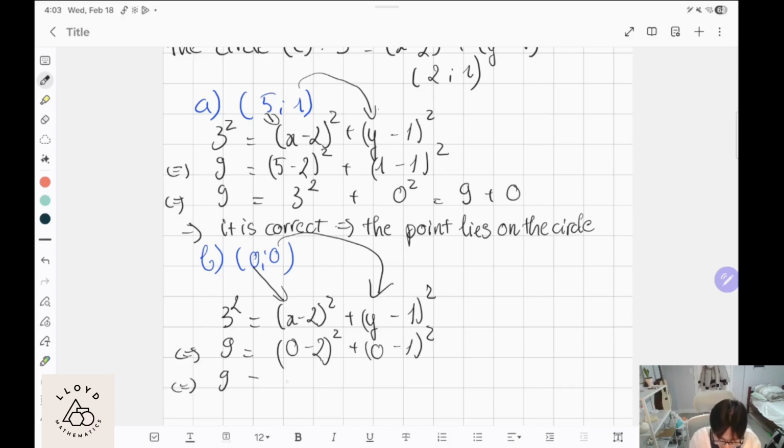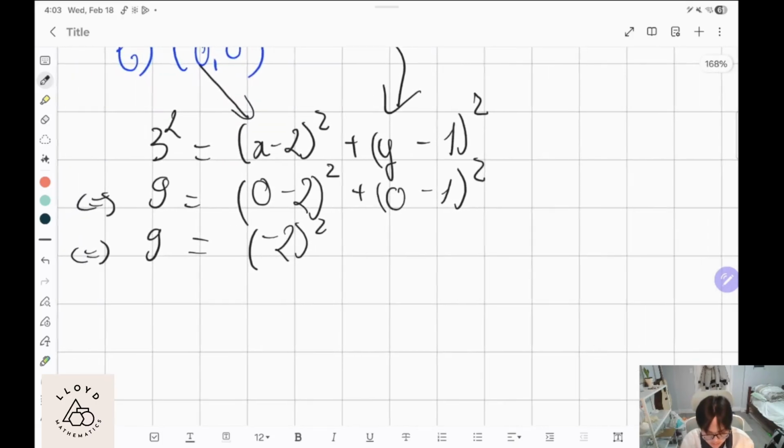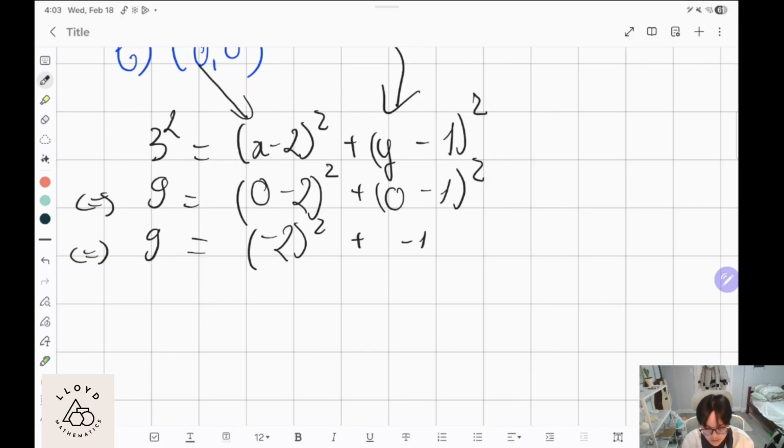As you can all see, it's minus 2 squared and minus 1 squared, and I can simplify this: minus 2 squared is 4, and minus 1 squared is 1. So 9 equals 5.